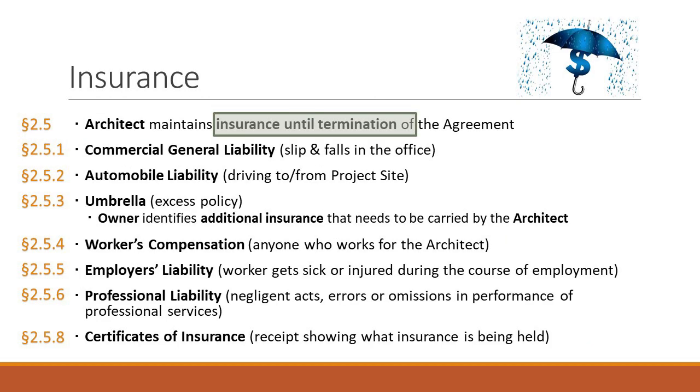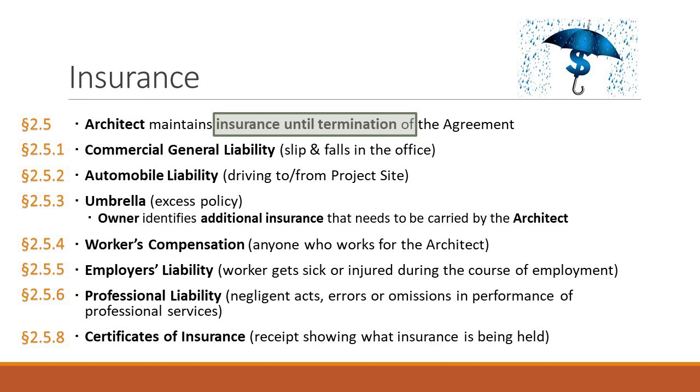As you might imagine, it's important that the architect has insurance for the project. So 2.5 identifies specific types of insurance that the architect should carry, and this is something that obviously the owner wants. The first is commercial general liability, which we talked about before, and that's going to be if somebody slips and falls at the architect's offices or whatever.